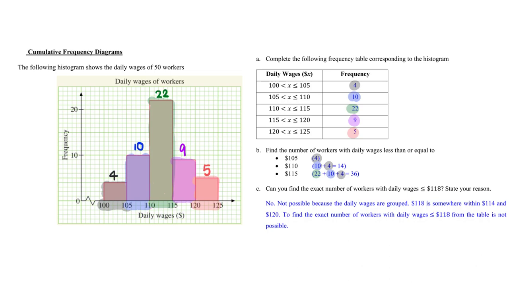They never give me the specific number of workers for each data point. So it's not possible. The daily wages are grouped together.